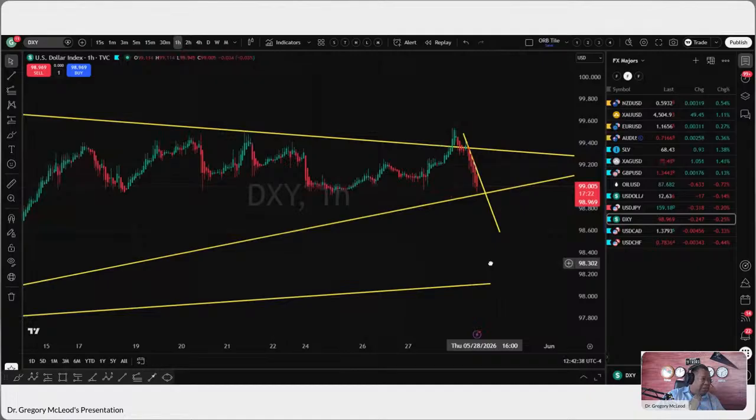The alternative count, which I always tell my students, you gotta have an alternative count. It's like a binary event where, okay, we had 5, maybe this is just A, B, C, right? We have to come at least to the old low of A, and then we can start a 5-wave up, right?